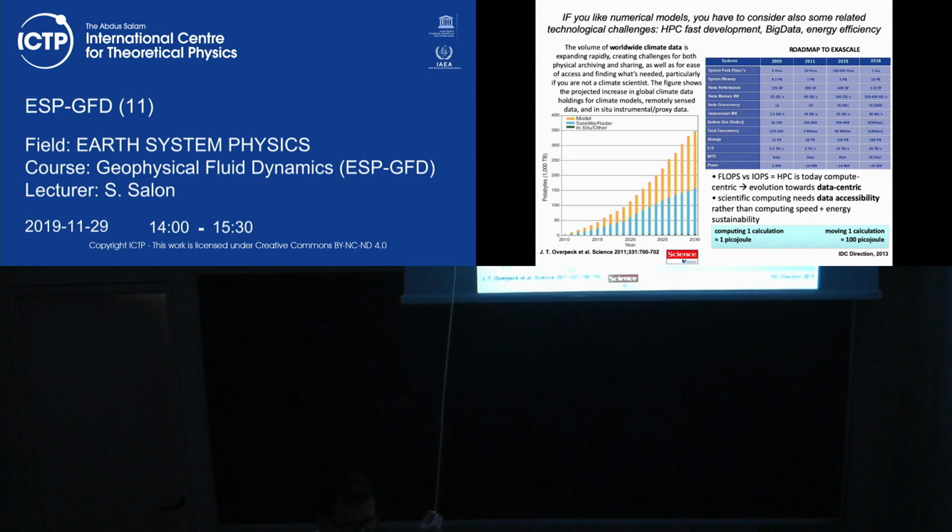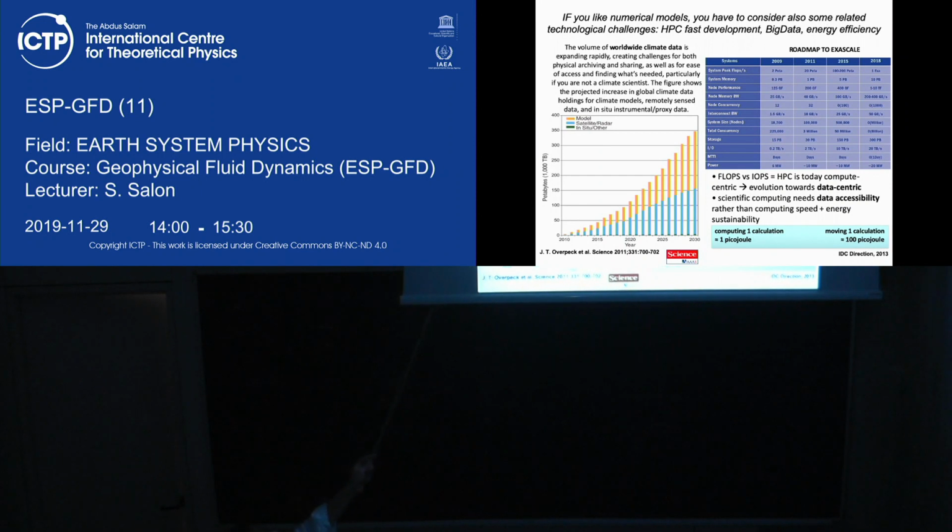Okay, so a petabyte is really, really huge. So from 2010, we are expecting an increase of more than 300 times from the model, which is the yellow bar, and especially from the satellite or the radar. Okay, and it's incredible.